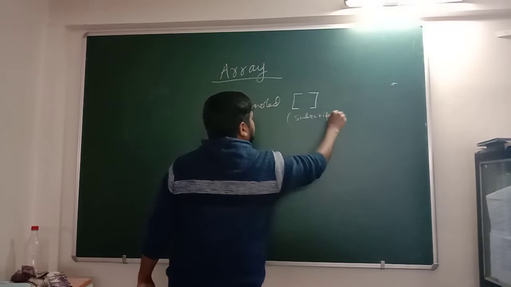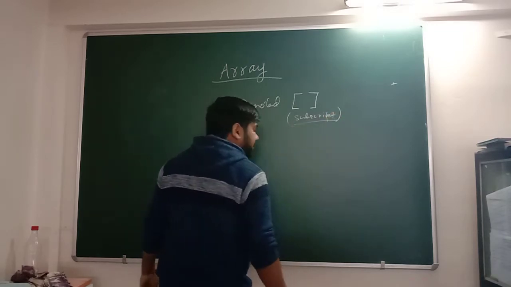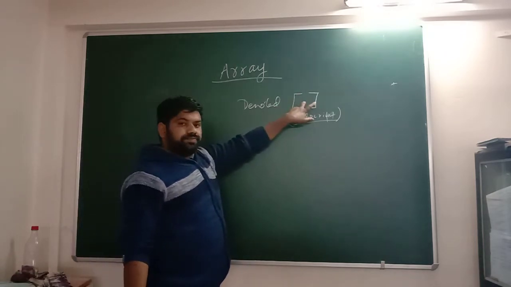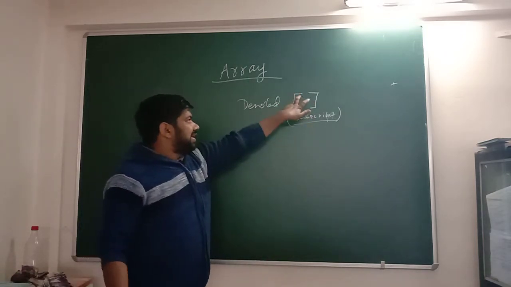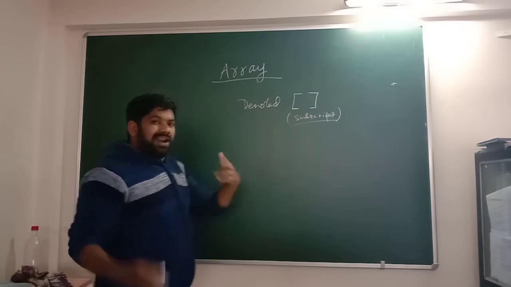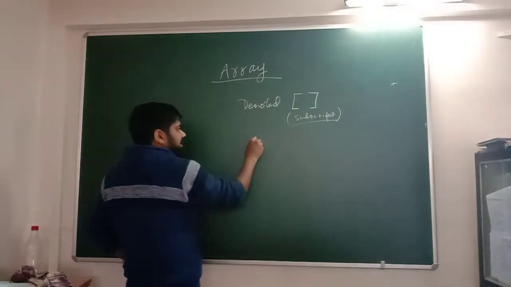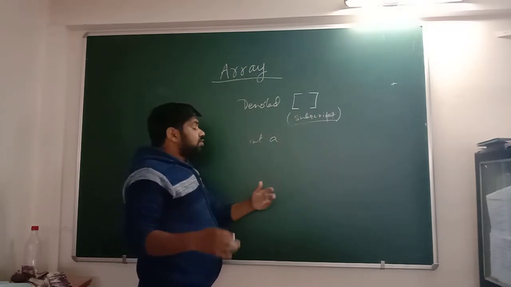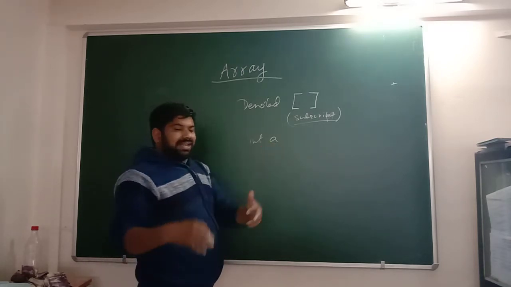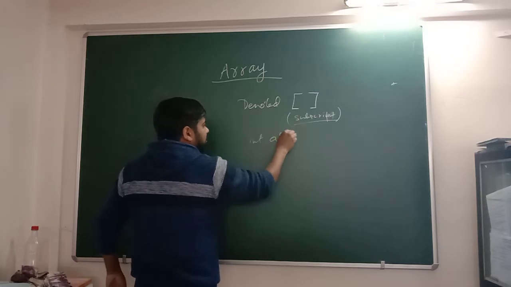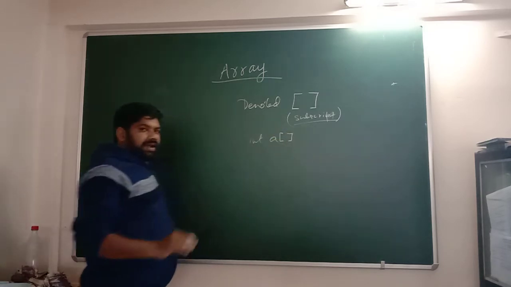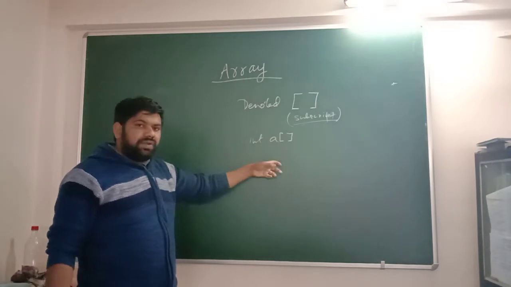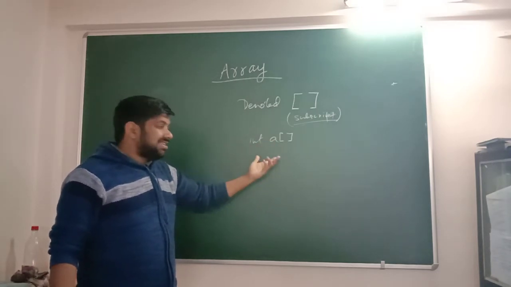So an array is denoted by this symbol. When you declare an array, you declare it this way. Till now we were declaring a value, for example int a, an integer, but if you want to denote this a as an array, a very important thing is that you need to put these square brackets. Now it becomes an array. Later on we are going to check how the values are put inside this array.